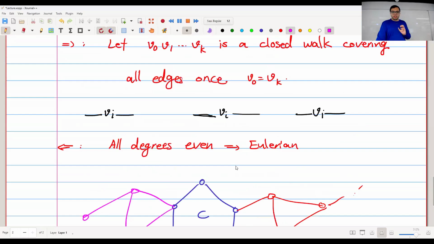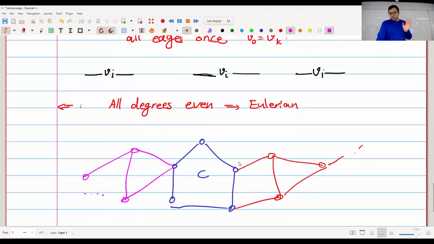So if I'm doing an inductive proof here, and again, I'm doing induction on the number of edges, I can say, okay, look at this red graph. It's a graph that has even degrees. It's connected. So it should be Eulerian by induction, right? And again, I'm not proving the base case of the induction, just prove the base case for yourself for small values.